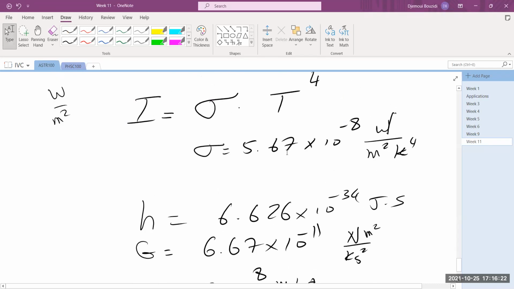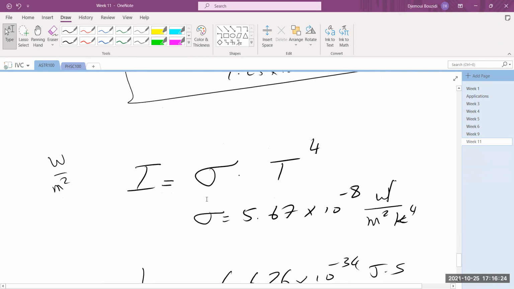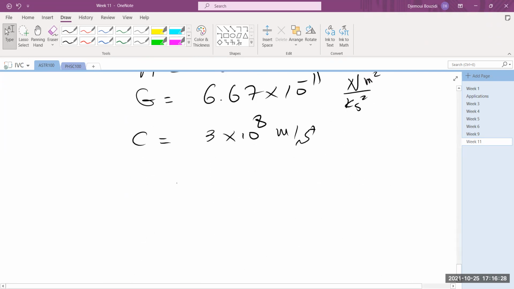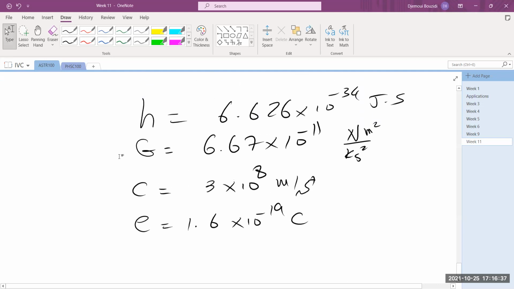These constants are related to another constant, the charge of the electron, which is 1.6 times 10 to the negative 19 coulombs. So there are a bunch of constants in nature. These are actually the main ones.